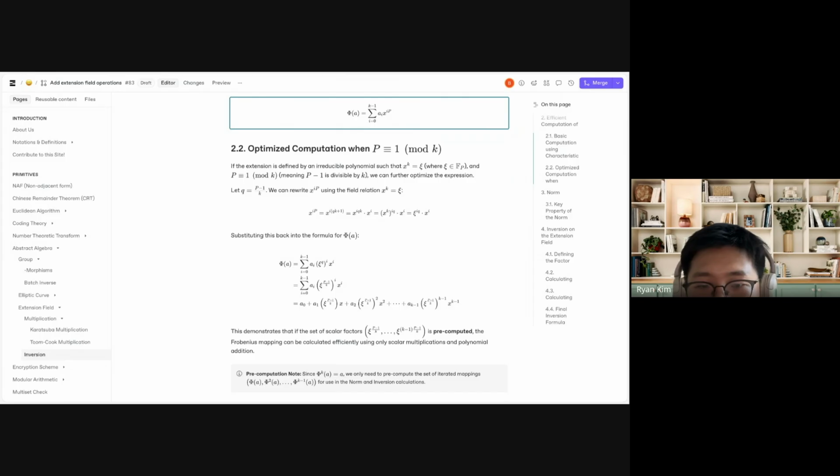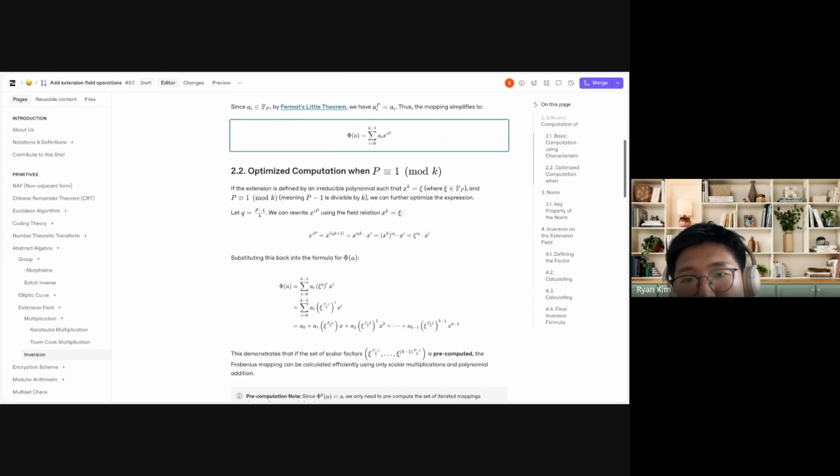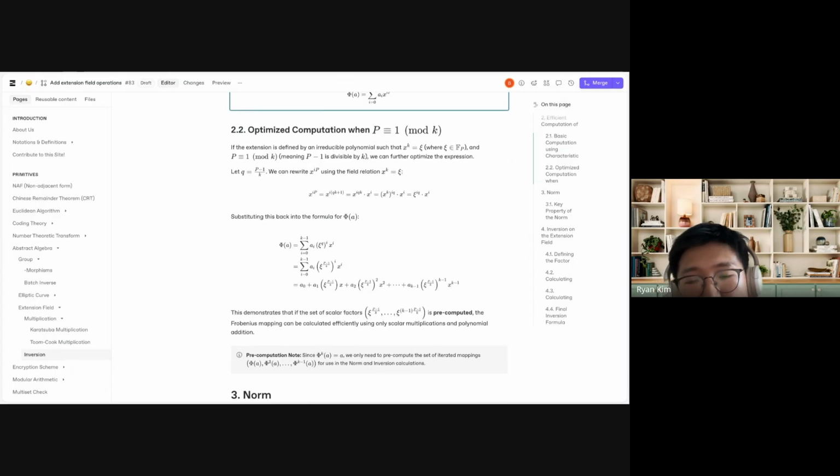If you unfold all the terms like that, and you want to compute the Frobenius mapping efficiently, what you need is to compute all these terms as a vector as a precomputation. With that precomputed, you can compute the Frobenius mapping very efficiently.